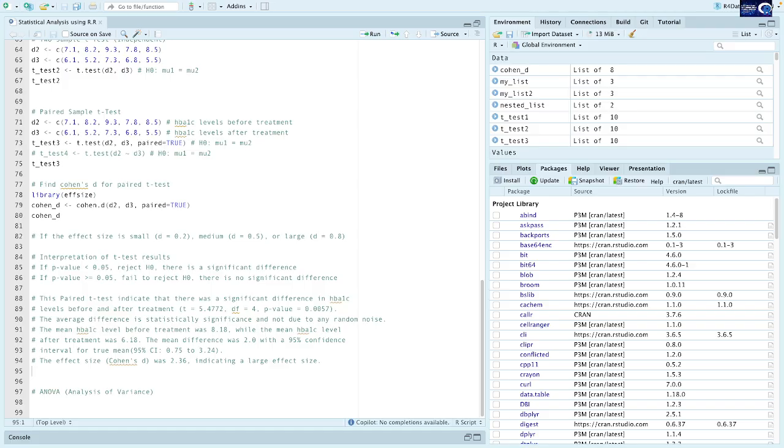That is the interpretation of this ANOVA. Any questions here?